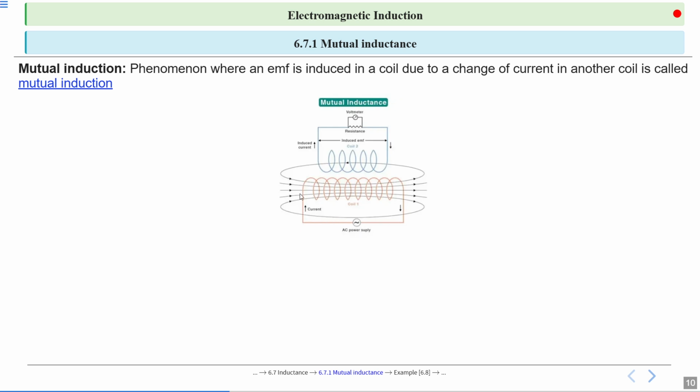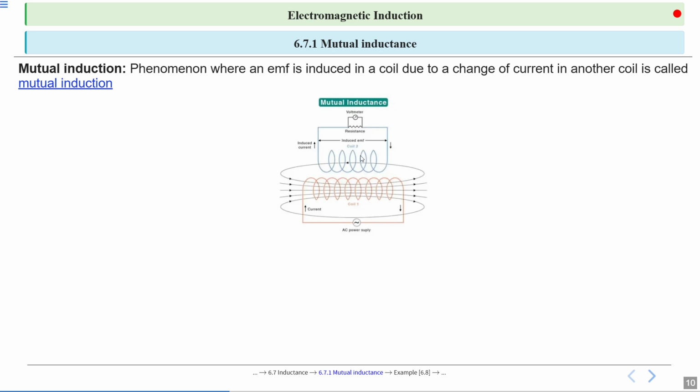So current is flowing through this coil, due to which a magnetic field is there, and due to this magnetic field some magnetic field lines pass through coil 2 also. So there is magnetic flux through coil 2 also. We are changing this current, so the magnetic field is also changing.